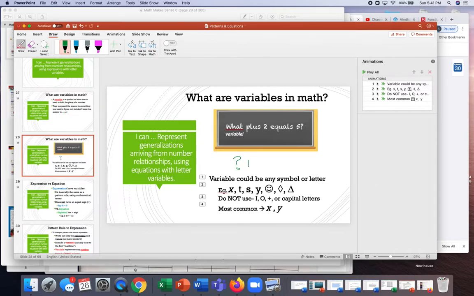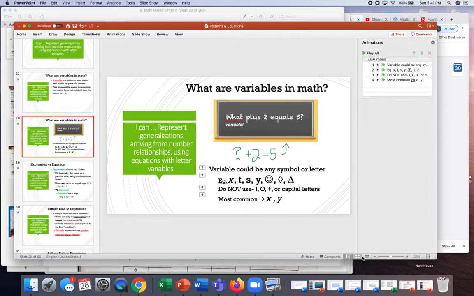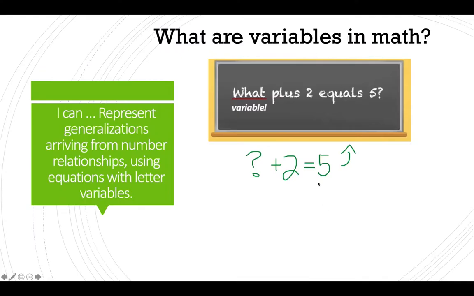What plus 2 equals 5, right? That basically represents this, okay? So I know it seems kind of like maybe a little bit weird, but that's basically all that this is, okay? So in this place, this is my variable. My question mark is my placeholder. It's sitting there to represent something that I don't know.